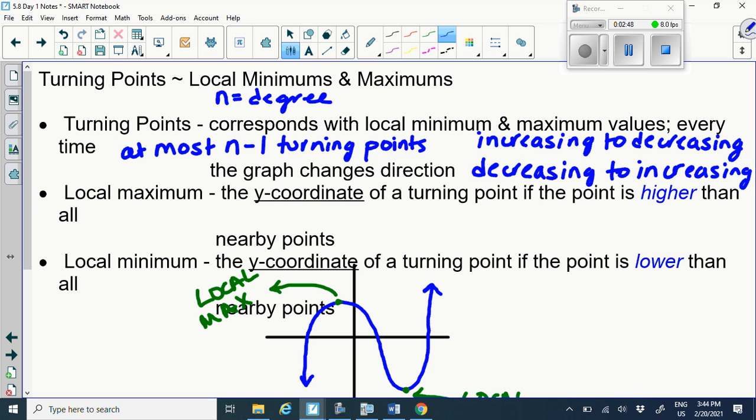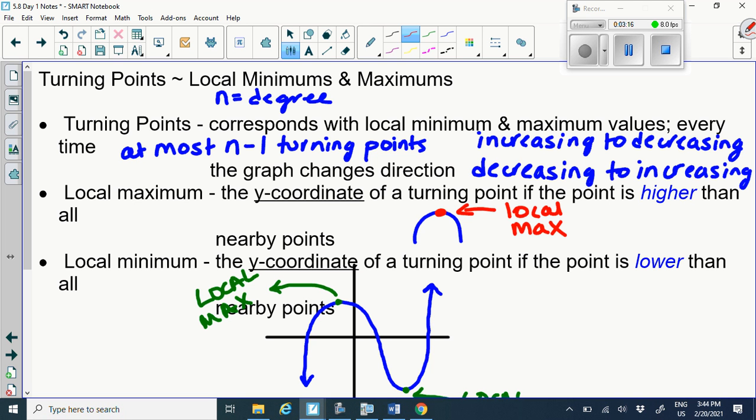Now let's talk about a local max. So that local maximum is going to be the y-coordinate of a turning point if the point is higher than all nearby points. Basically, it's going to be the point that's going to be at the top of the hill, okay? So any point that's at the top of the hill or at the top of our little turning point or of our bump, that's going to be a local max.